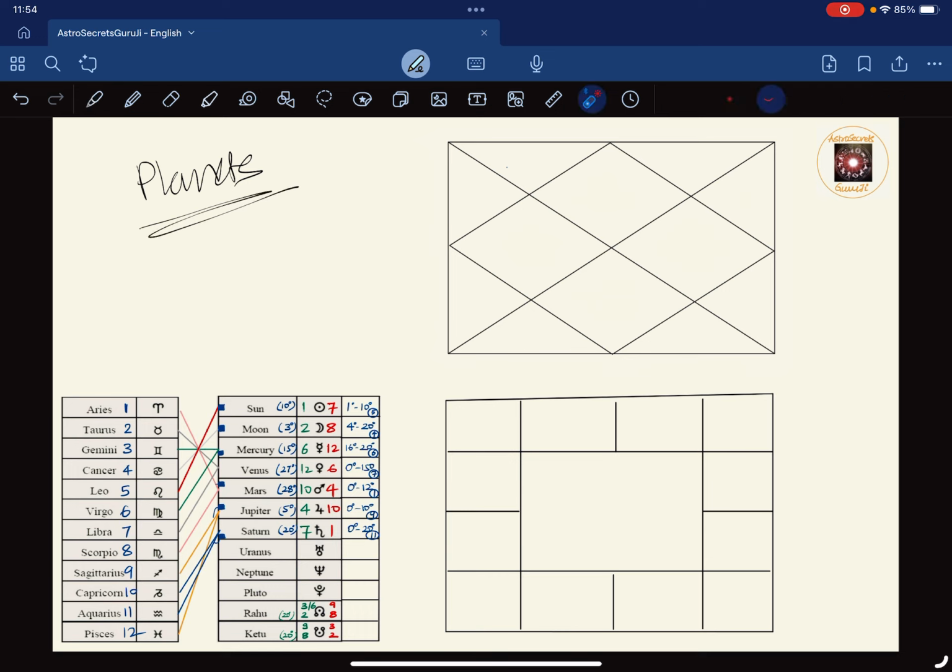And then just a difference between Vedic astrology and Western astrology. In Vedic astrology, what we have as a focus is the moon, right? In Western astrology, we have the focus as the sun. Why in Vedic astrology we have focus on the moon is basically that the moon is a filter.